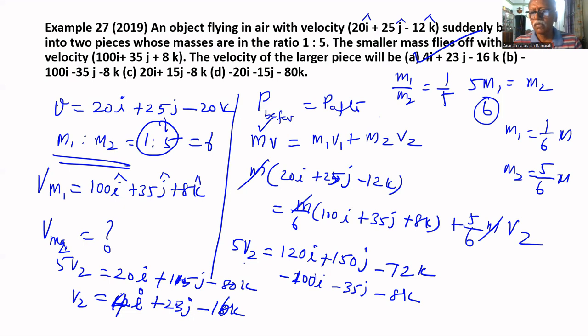How is it coming? We are multiplying on both sides by 6, you know. Here divide by 6. To cancel that 6, we are multiplying this by 6 on both sides. Got it? Yes, sir. Good. Shall I move to next sum? Yes, sir.